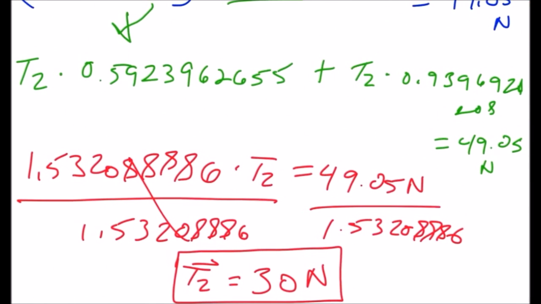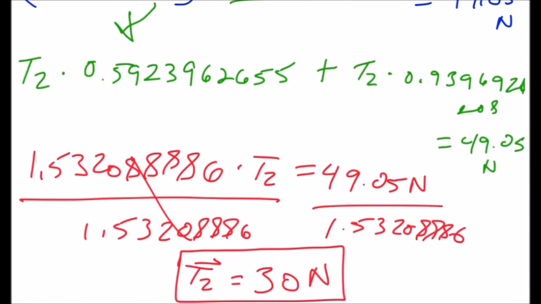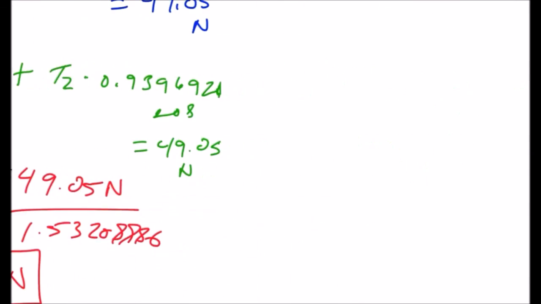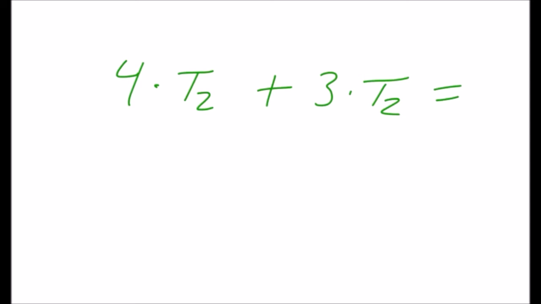Good question. So right here, I'm gonna roll over here real quick. Let's just make it easy. Let's say I have 4 times t2 plus 3 times t2, okay? And that equals some stuff, right? 5. Okay? So if I look at my algebra here, I can factor a t2 out front, can I?